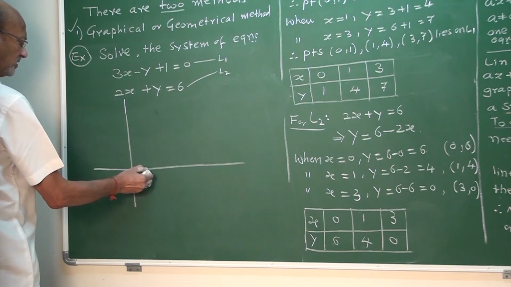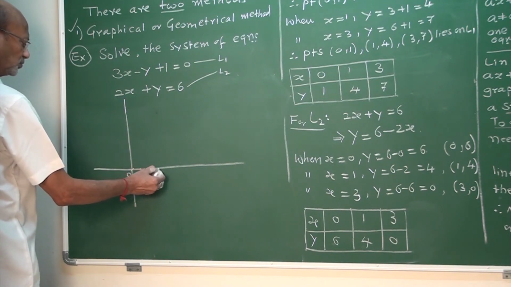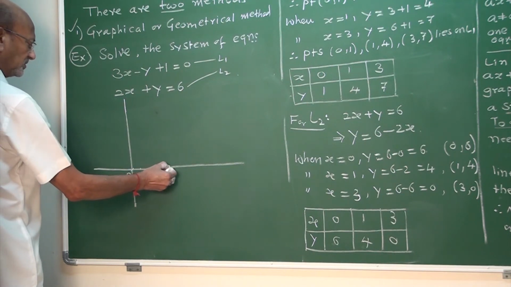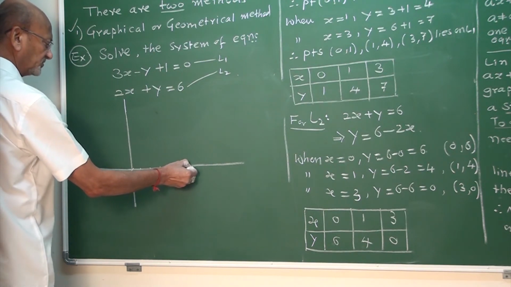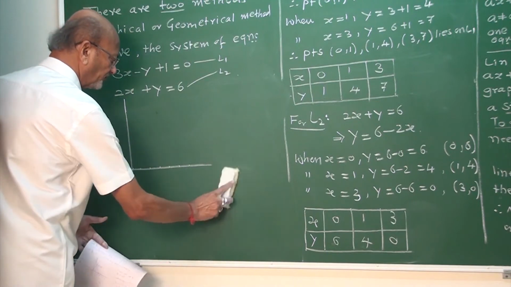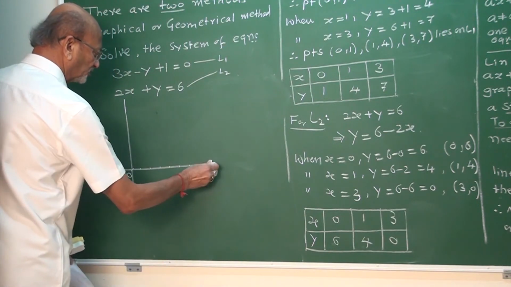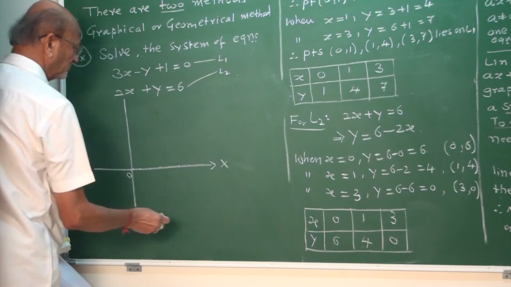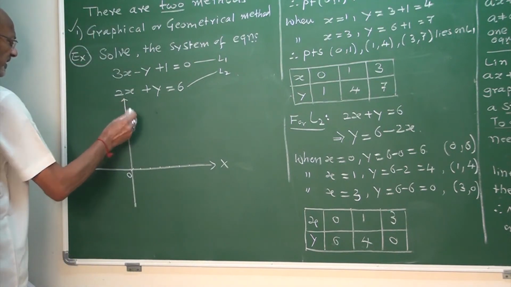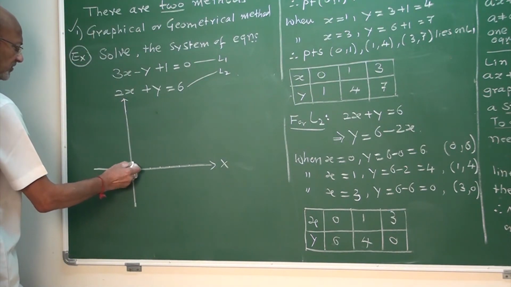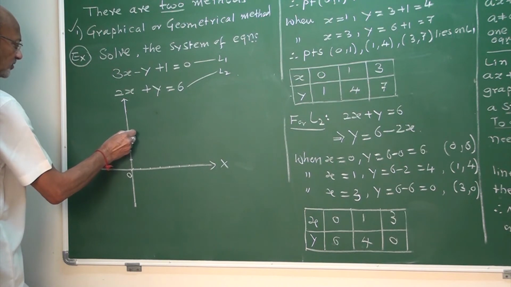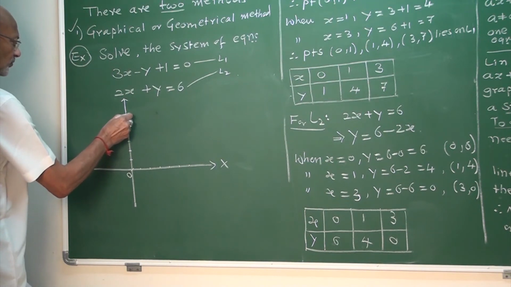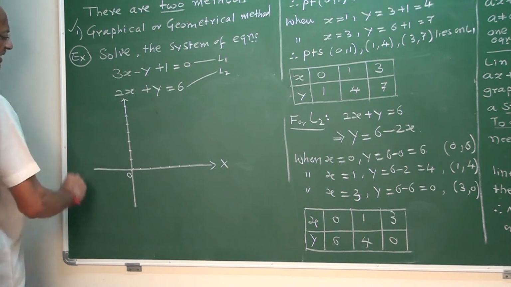This is 1, 2, 3, 4, 5, 6. This is the x-axis. This is the y-axis. Maximum 7 points. Scale 1.